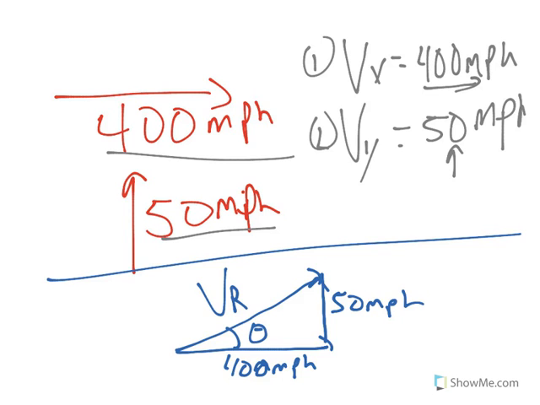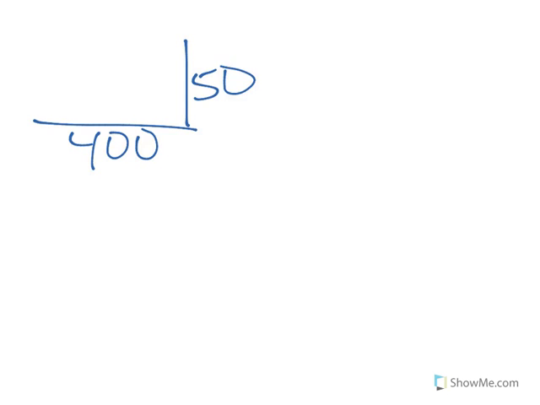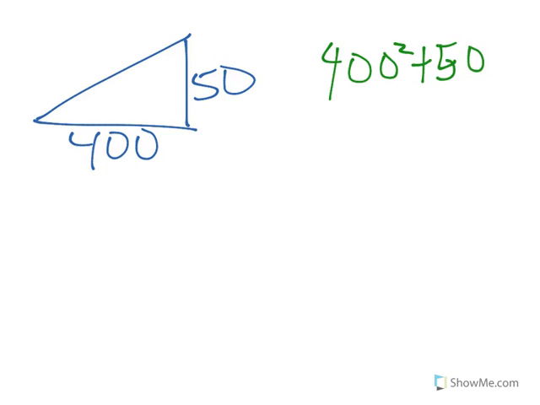Okay, step 4 was to do the Pythagorean theorem. So I have 2 lines, 50 and 400, right? If I have 400 and 50, and I'm looking for the hypotenuse, you would do 400 squared plus 50 squared equals the resultant velocity squared.